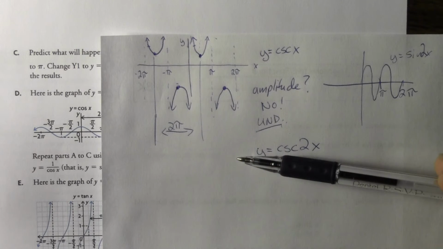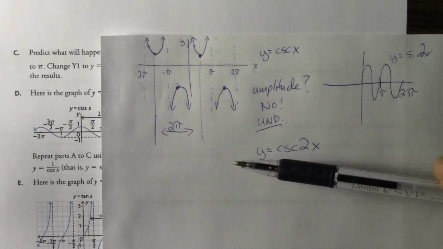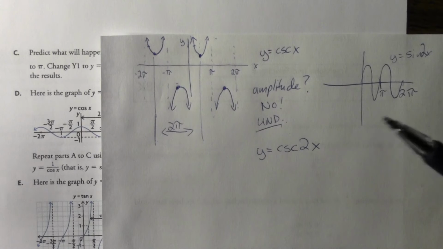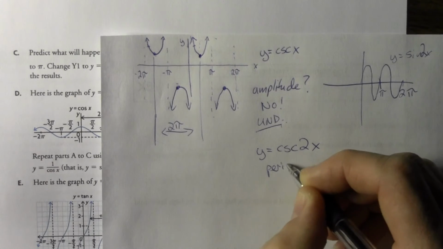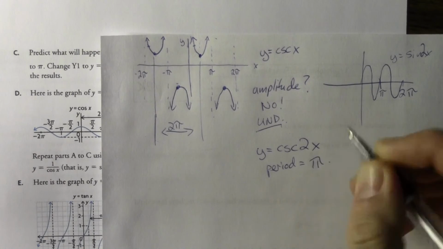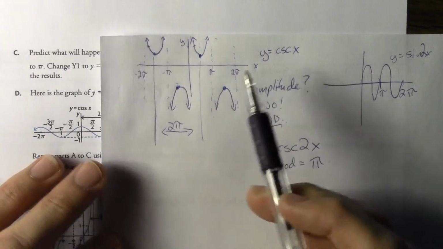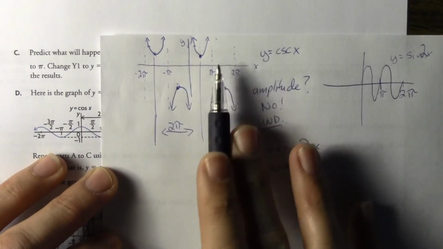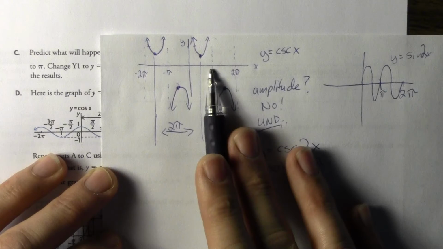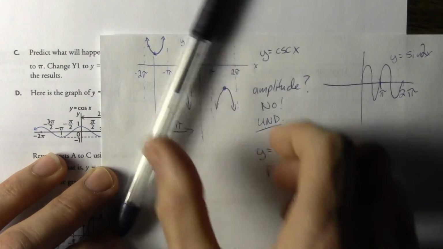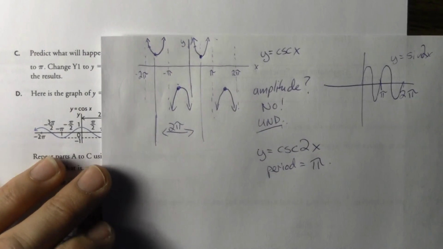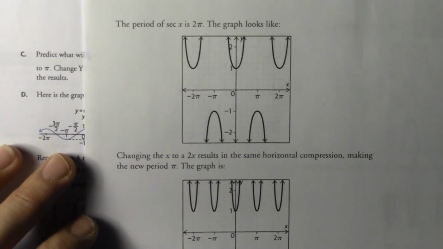So I'm going to do the same thing on the reciprocal. The period will be now not 2 pi, but the period's going to be pi. So period is going to equal pi. So what does that mean now in terms of my graph? That means I have to go through 2 of these loops before I get to pi. So this whole thing gets compressed down, okay? Because I'm not a very good drawer, I'm going to show you what it looks like. So there's the one I drew.